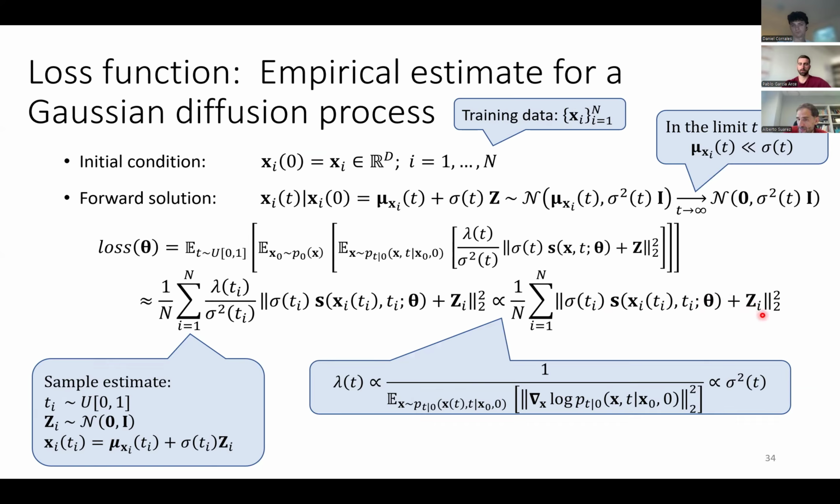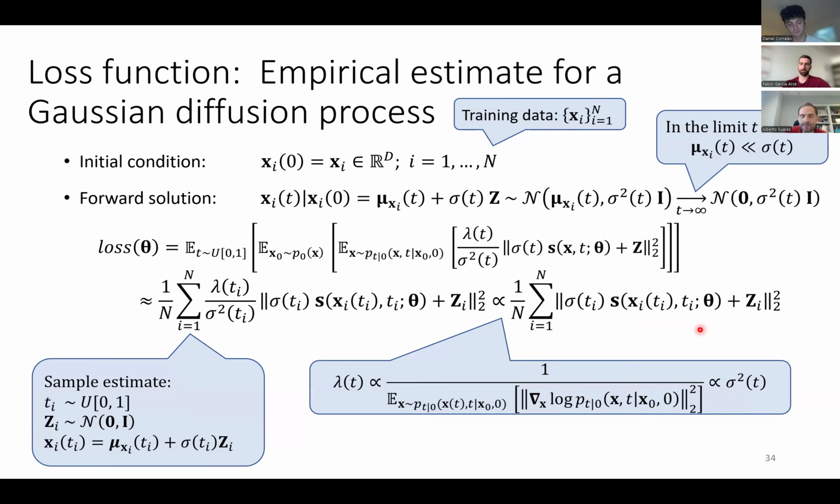Remember that Z is the noise that you have injected to spoil one of the images from the original data. Here, sigma S is learning minus Z. So you're actually learning how to denoise.